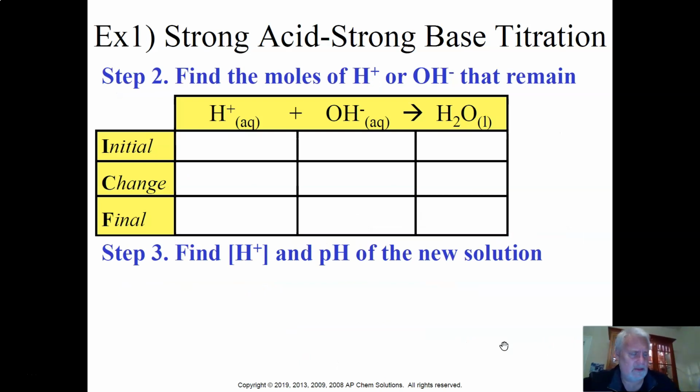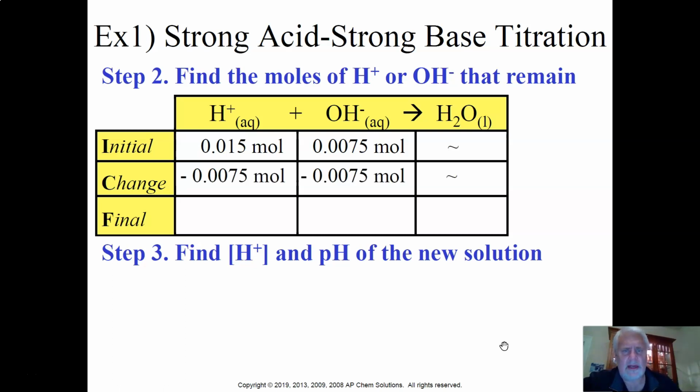And this is looking at it atom to atom, molecule to molecule. So we can write those two initial amounts when we are doing this. And then we talk about the change. The change will be the OH, all the OH will react with the hydrogen because hydrogen is in excess.